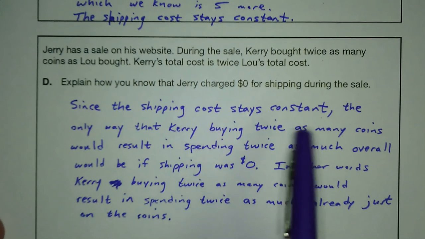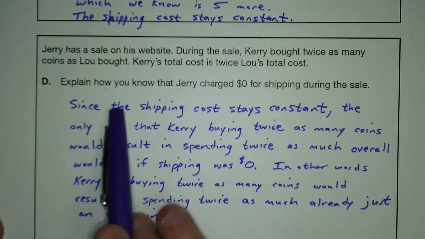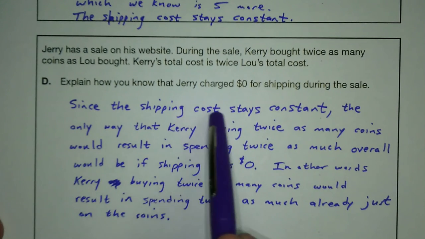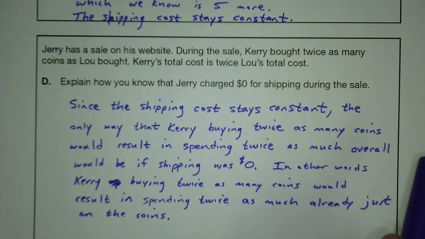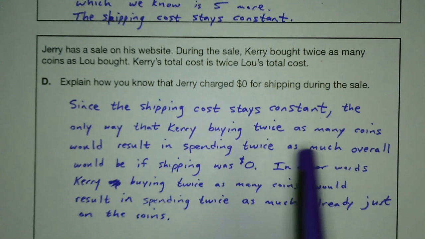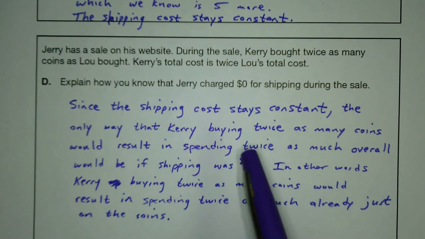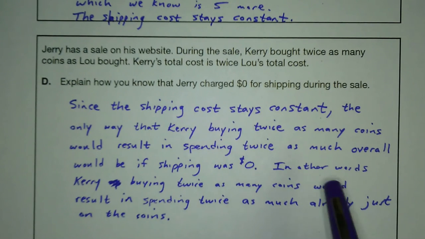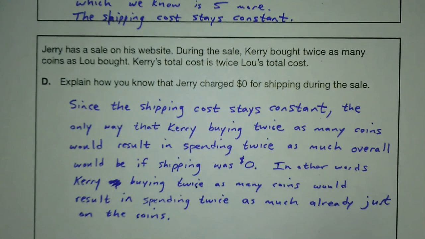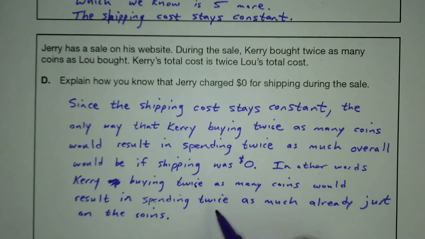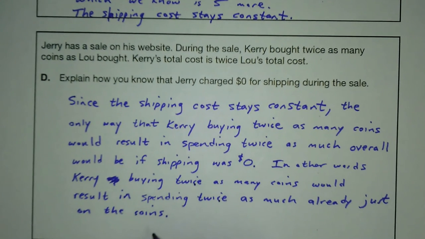Since the shipping cost stays, I feel like that's probably important to mention, that the shipping adds on to that. The only way that Carrie buying twice as many coins would result in spending twice as much overall. In other words, Carrie buying twice as many coins would result in spending twice as much already just on the coins.